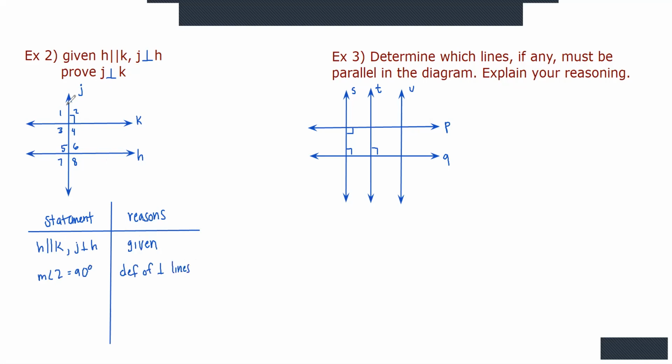Since they tell us that J is perpendicular to H, because they give us this little mark right here.